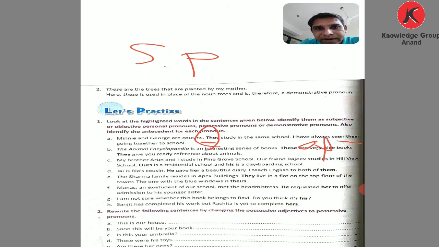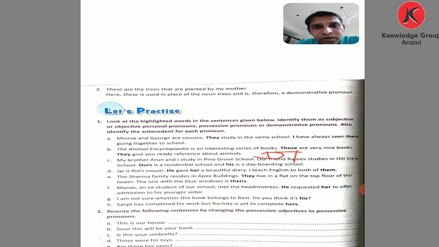In the second sentence, these is used as a demonstrative pronoun, and they is used as subjective. Then the word ours is used, which shows possession, the possessive pronoun.